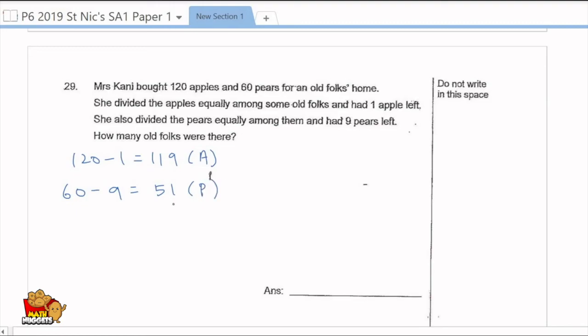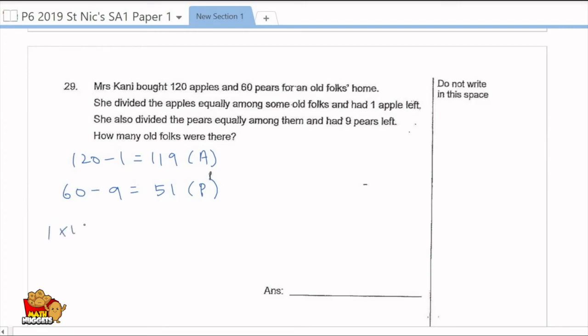Now this 119 and 51 were both divided by the same number, because it is the same number of old folks. So we need to find the common factor for 119 and 51. Let me try writing down the factors for 51.